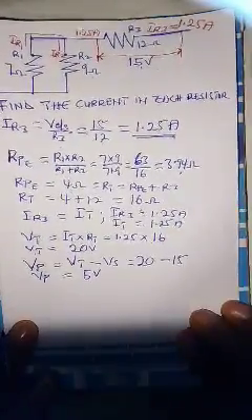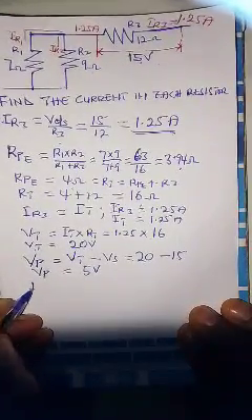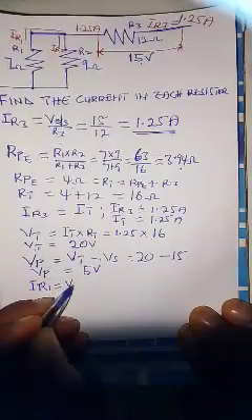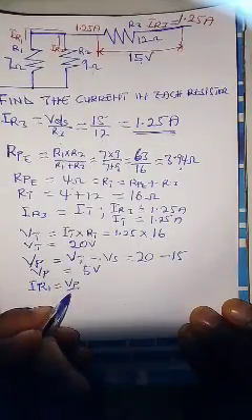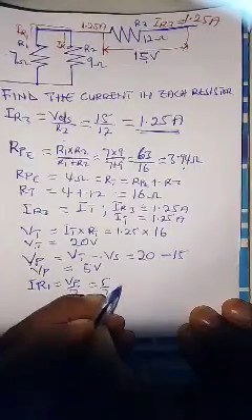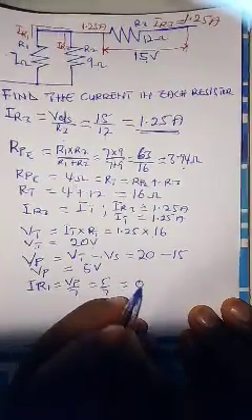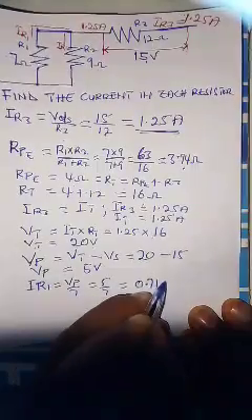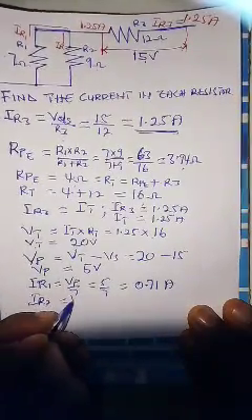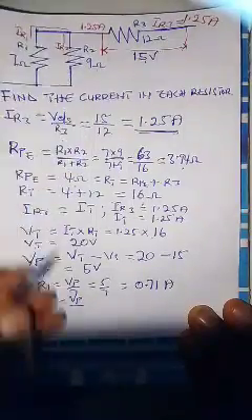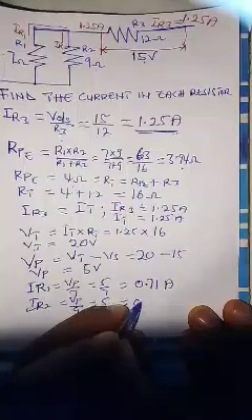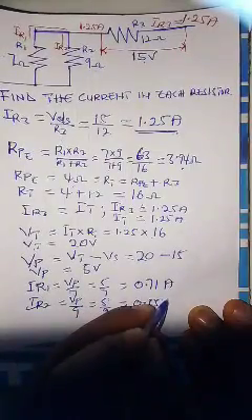So now we can say the current in R1 is equal to the voltage across para over R1, which is 7. So 5 divided by 7 will give us 0.71 amps. Then the current in R2 will be the voltage across para over 9, which is 5 over 9, giving us 0.55 amps.